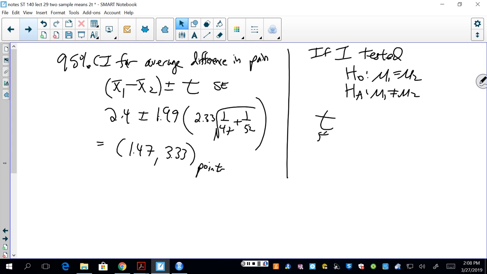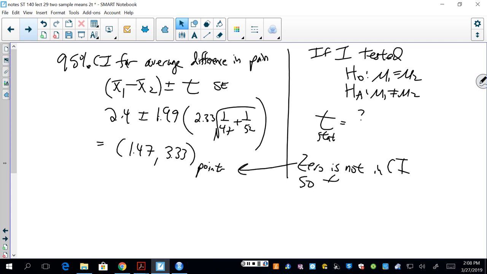What type of t statistic value will I get? The null hypothesis is that they're equal. The difference is 0. Is 0 reasonable? No. It's a long way from 0. So I have to get a t statistic that's pretty big. I need something over 2. Zero is not in the confidence interval.